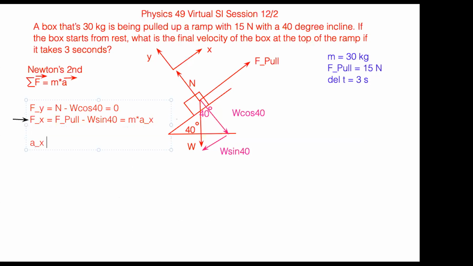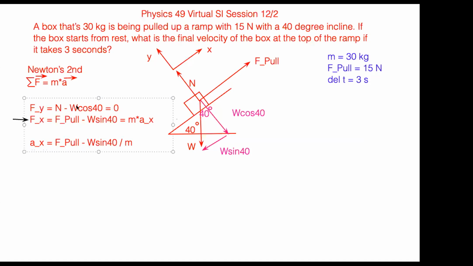Probably also during the process we need to find the x and y component of the force, and we already have it written down as the x component, which is the weight times sine 40. So if we do some algebra, all we have to do is divide all of this by the mass.